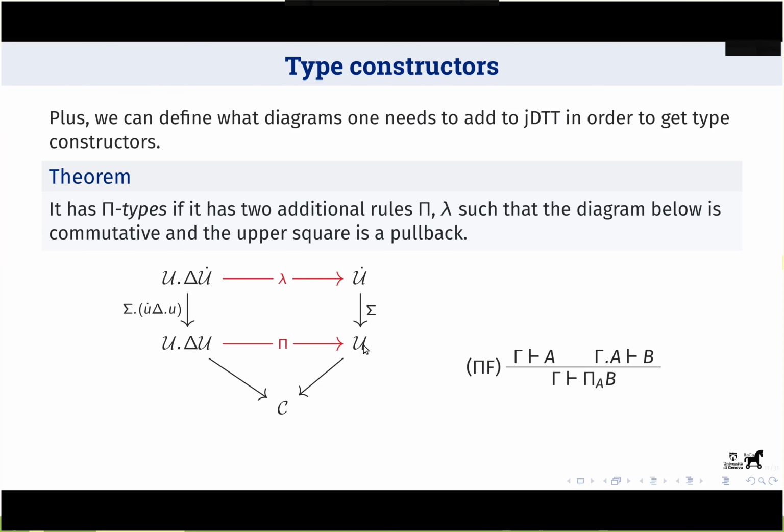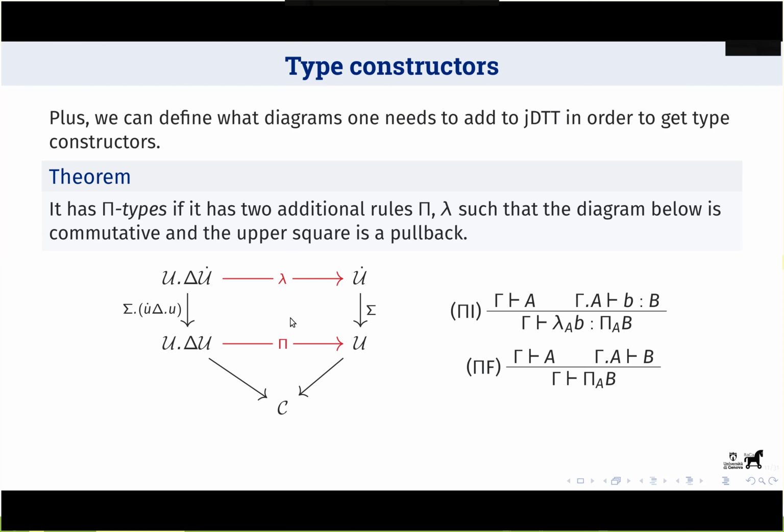And introduction asks that out of something of this kind, which is encoded via this pullback, we want to produce a term. And we want this to be commutative because we want the type of the term produced in the first row to be actually the one produced in the second row.